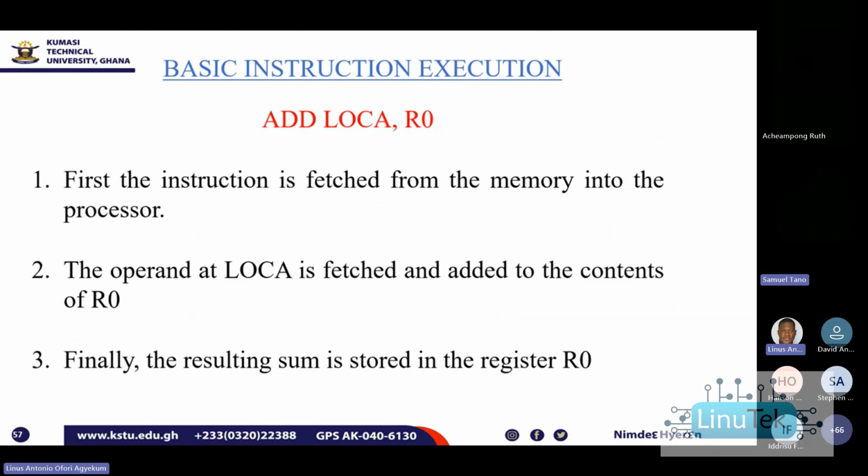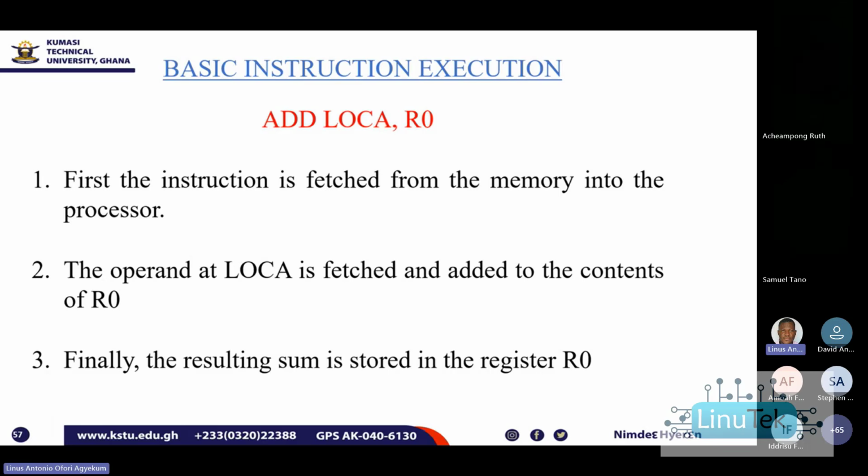So let's look at this basic instruction and see how such an assembly language instruction can be executed within a computer. First, this instruction would normally be stored in the memory. So before it can be executed, the instruction will first of all be fetched from the memory into the processor.